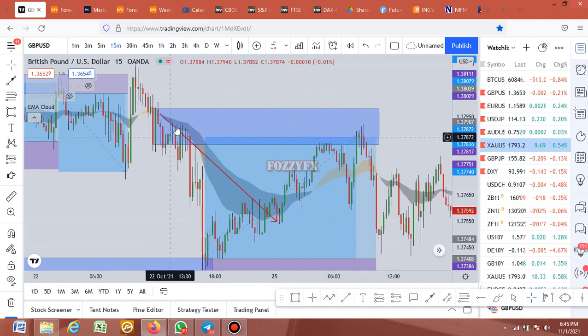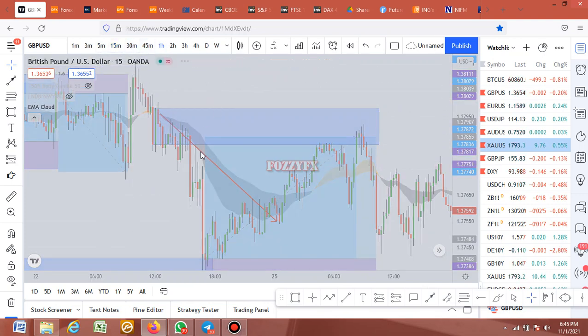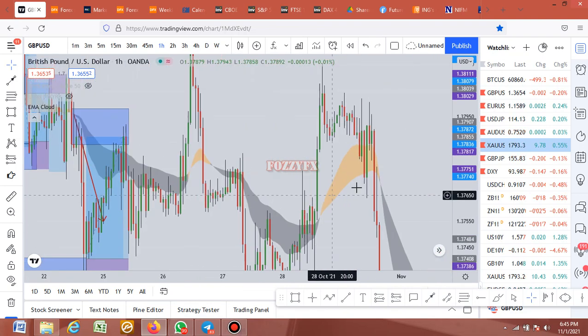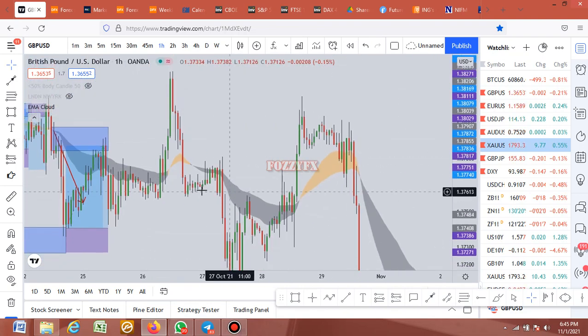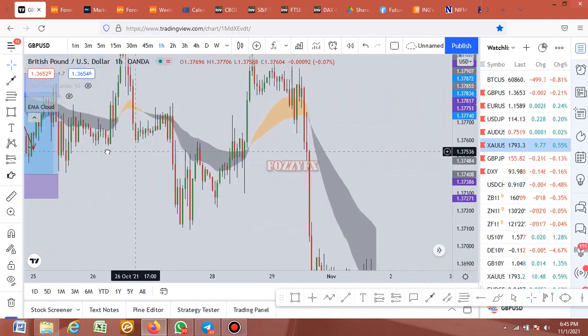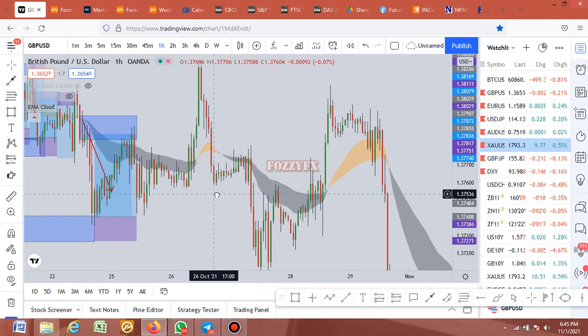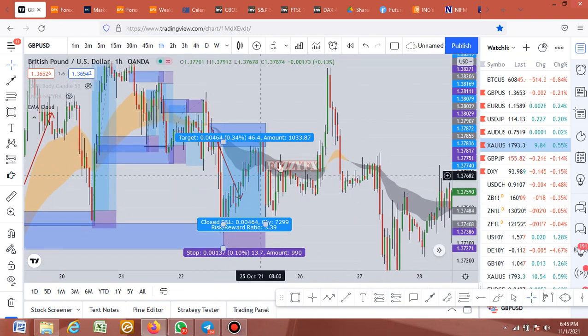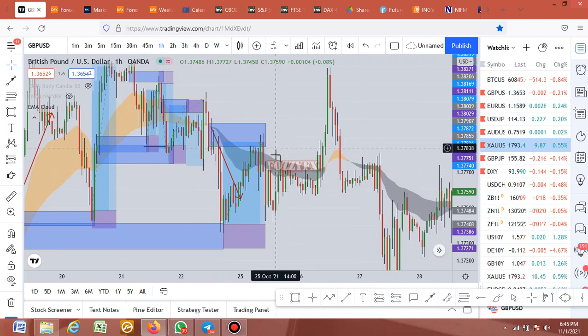I believe this whole range is actually an order block on a higher time frame. If I go to the 1 hour, I will see something nice. Where's that level? Okay, so this is the level on the 1 hour time frame.